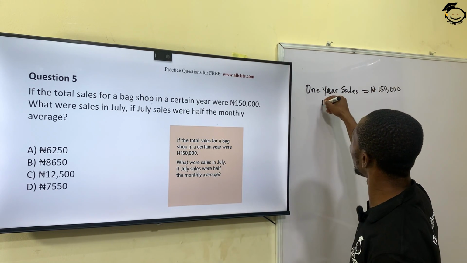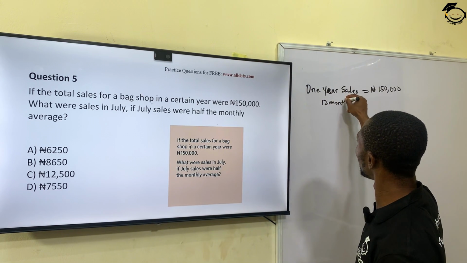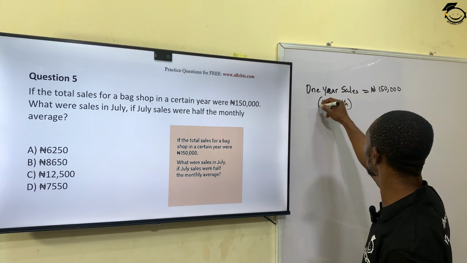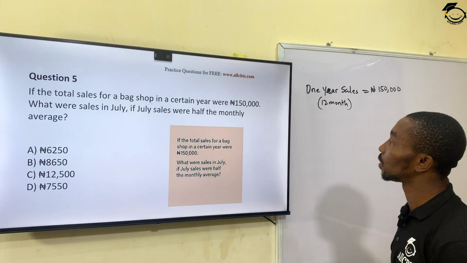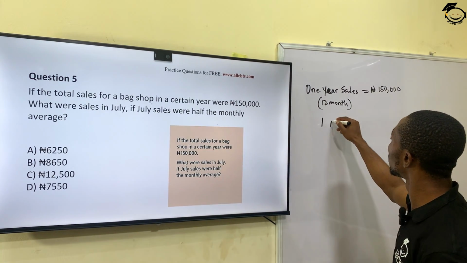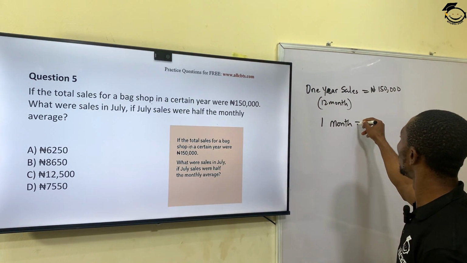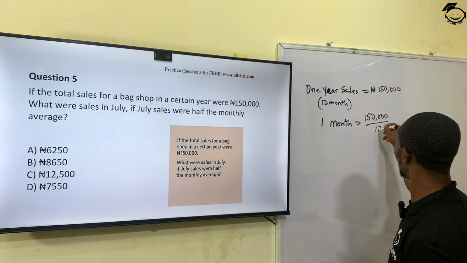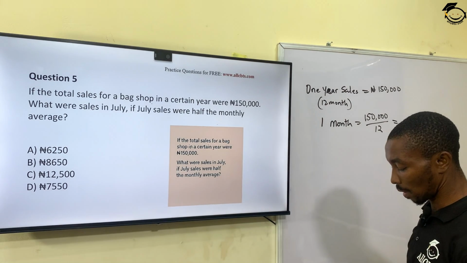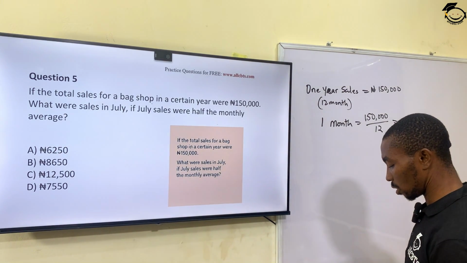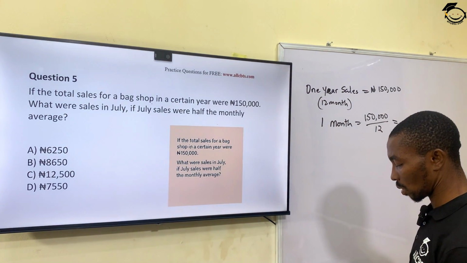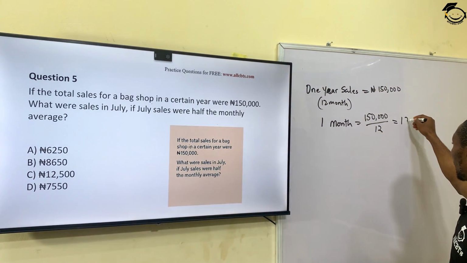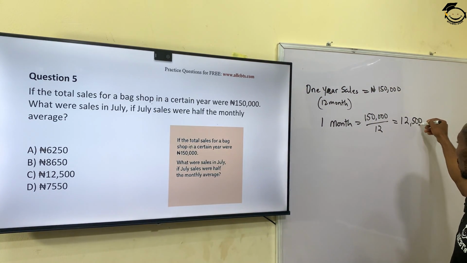And we know that there are 12 months in a year. So for 12 months, he made 150,000. So 1 month would be 150,000 divided by 12, which means averagely in a month he'll be making 12,500. All right.